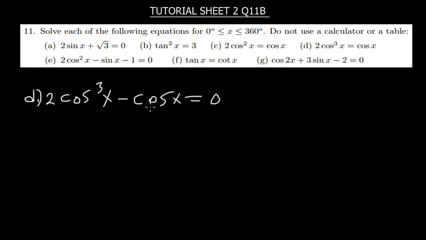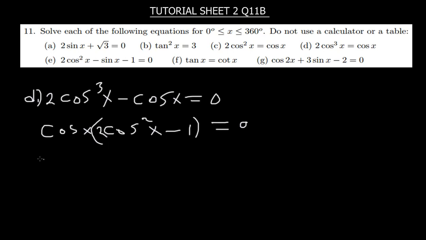Here, what you do first, you factorize. I've just taken this cos to the other side. You're going to factor out cos x since it's common, so that we remain with cos x times (2 cos squared x minus 1) being equal to 0, like that.